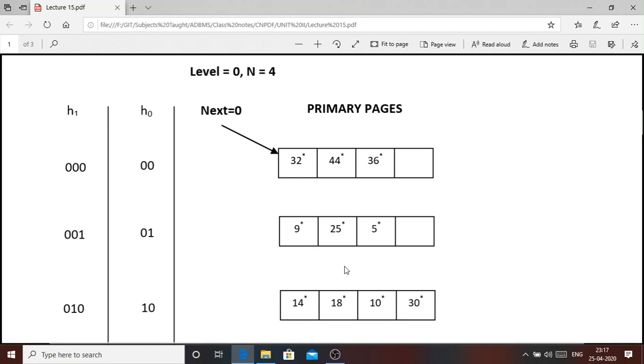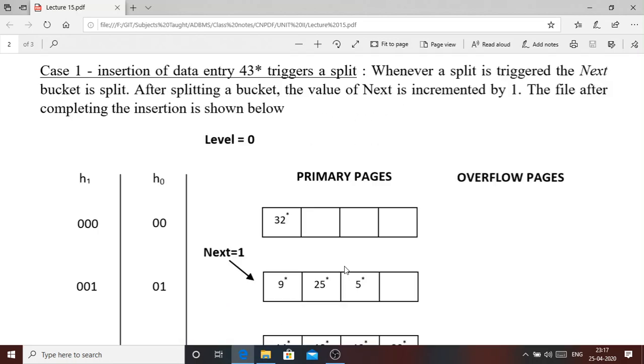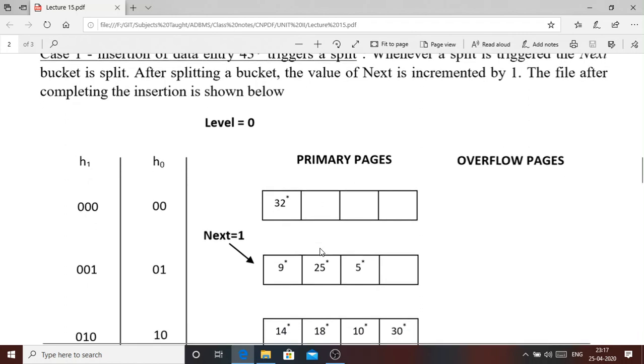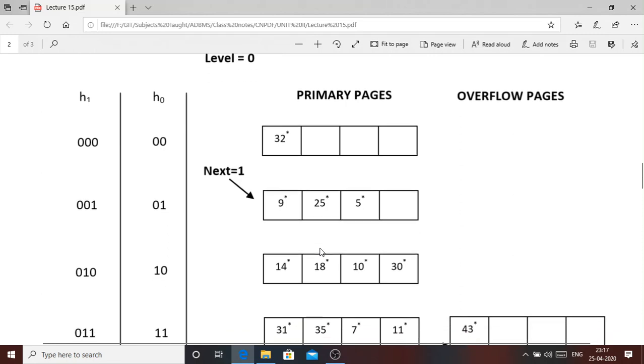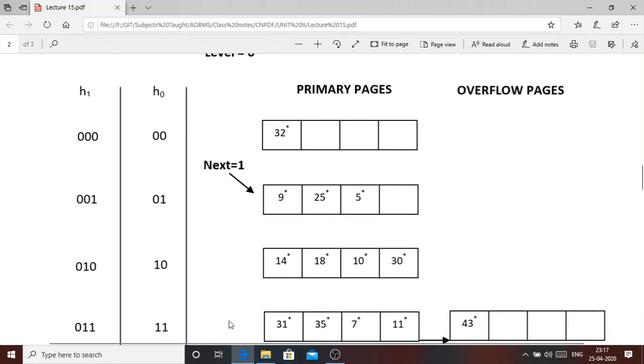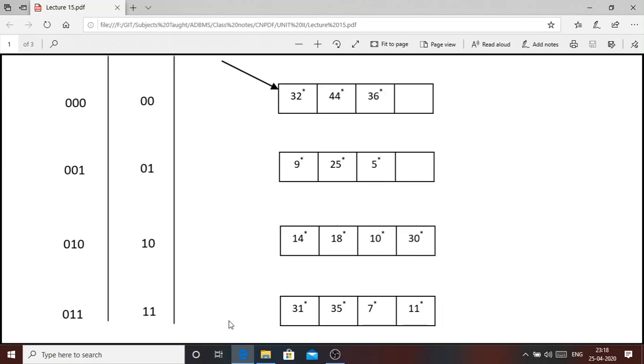Now if we want to insert 43, the binary equivalent of 43 has its last two, least significant, bits as 11. So it goes to bucket 11, which was already filled in the earlier example that we discussed, the initial configuration.